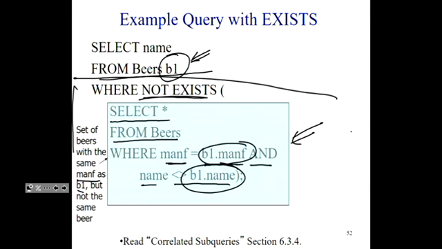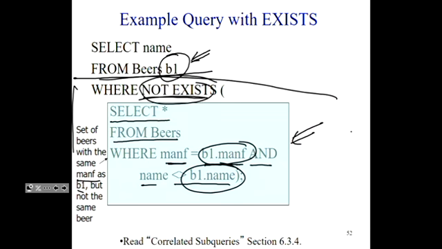So that's what this internal subquery is doing. You're doing select star from beers where the manufacturer is B1.manufacturer, but the name is not equal to B1.name. If there were any such tuples, then my overall where condition evaluates to false, right? Because I'm checking the not exists condition.